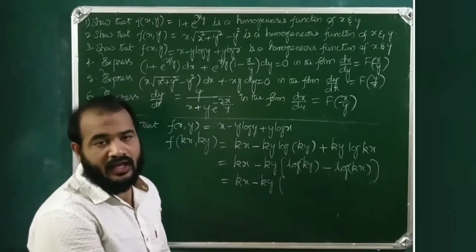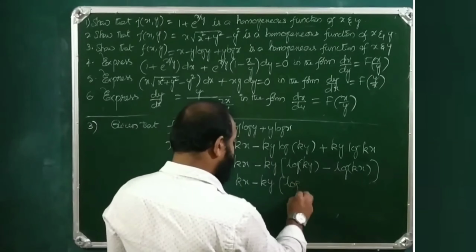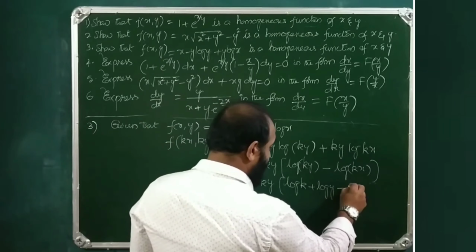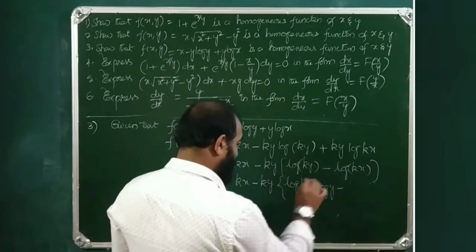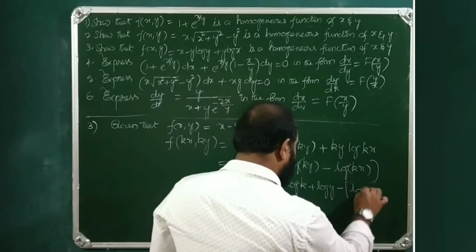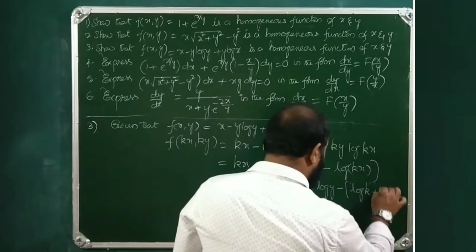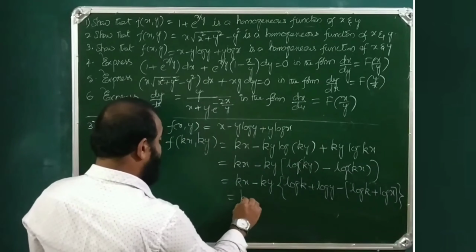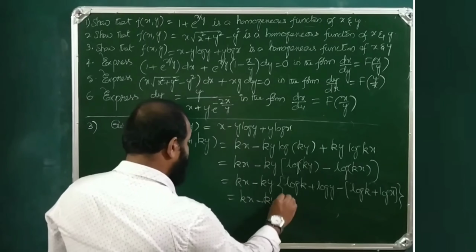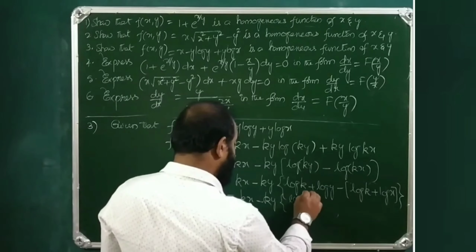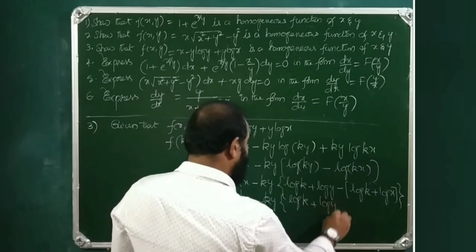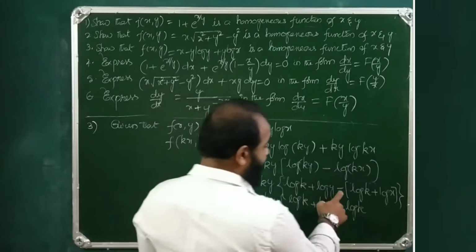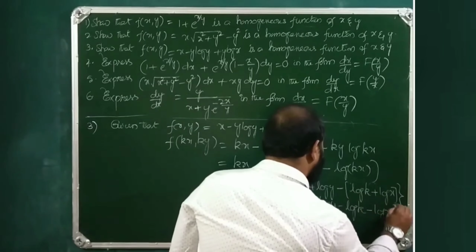What is log ky? Log ab is log a plus log b. So this is log k plus log y minus of log k plus log x. This is equal to kx minus ky into log k plus log y minus log k minus log x.